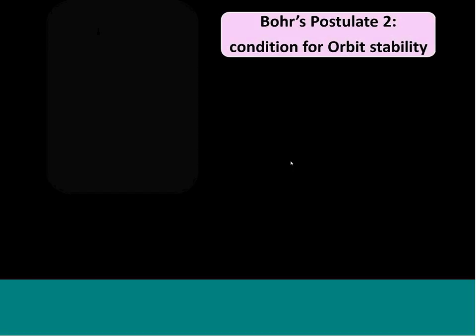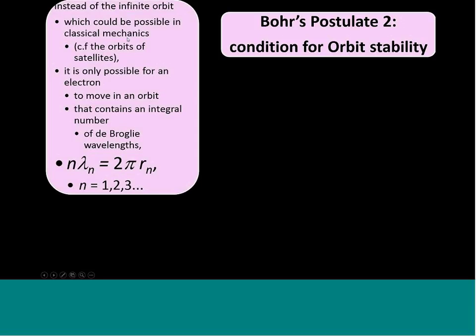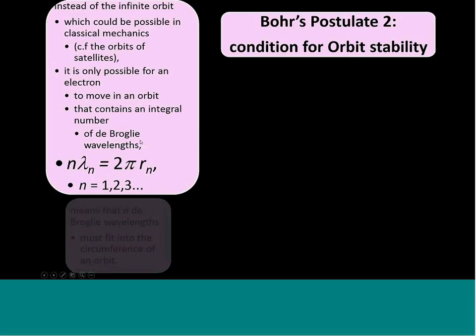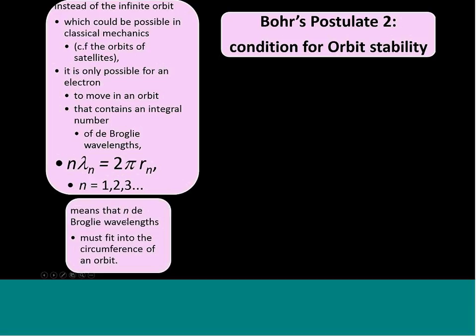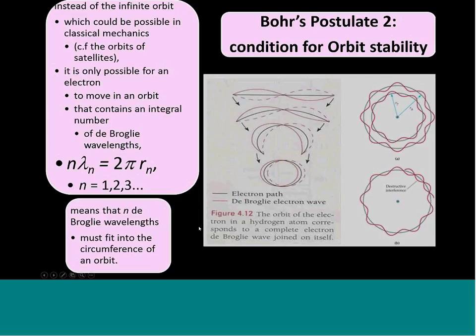Two, condition for orbit stability. Instead of infinite orbit, which could be possible in classical mechanics, okay, impossible for an electron to move in orbit that does not contain an integral number of de Broglie wavelengths. There is n number of the de Broglie wavelength must fit into the circumference of an orbit.